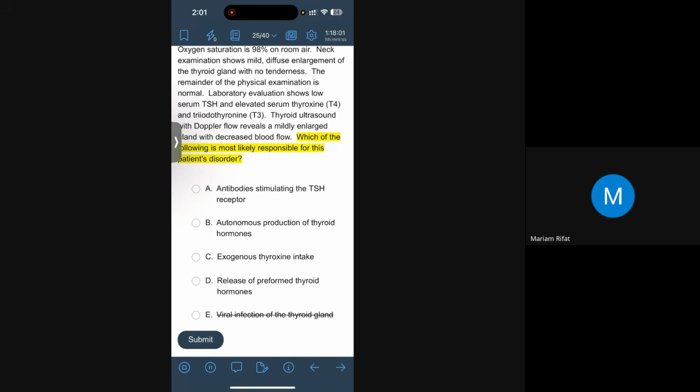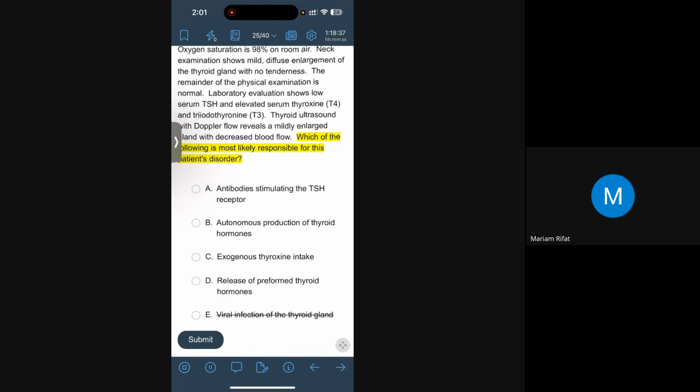It is due to an inflammation which destroys the cells, and when the cells are destroyed, the thyroxine which is stored inside the cell is released into the bloodstream, and that is causing the hyperthyroidism symptoms here. That's why the thyroid ultrasound shows the gland as depressed, with less metabolic activity.